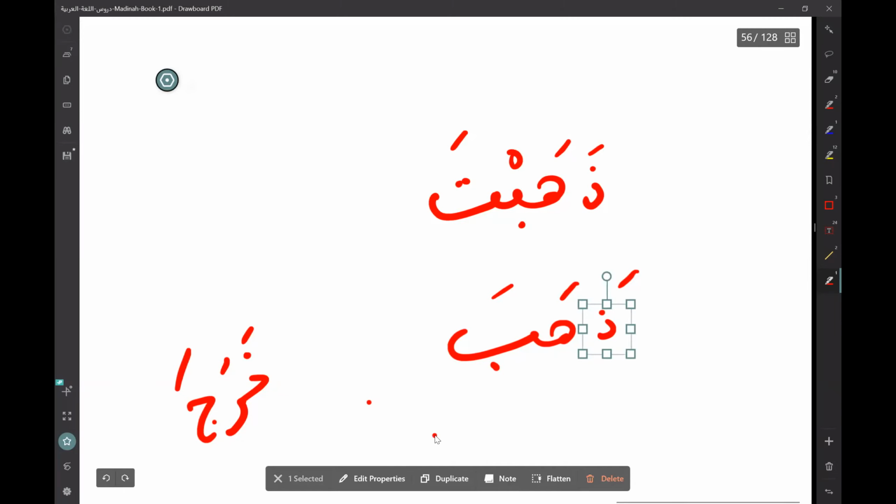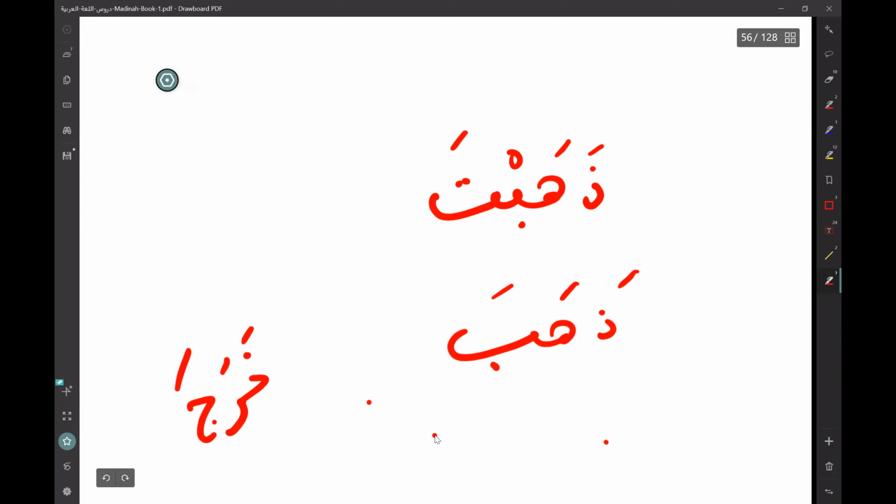I would translate it as left. Left is probably another word. Just went. You know, went. Okay. Went. That's the verb. So went is in the past tense, right?